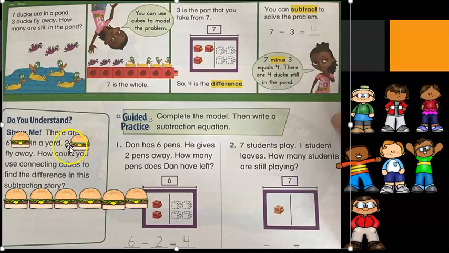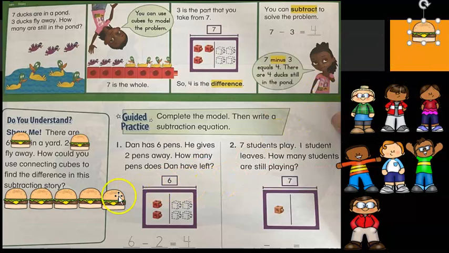2 hamburgers fly away. Now, how many hamburgers fly away? 2. Right here, it says 2 hamburgers fly away. So watch Mr. Begay. I gotta take 2 hamburgers out of there. 1, 2.